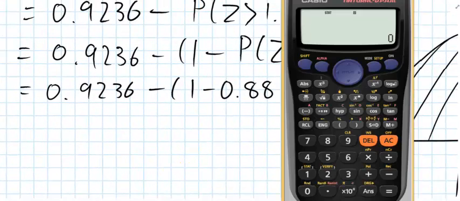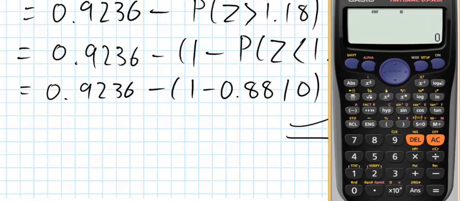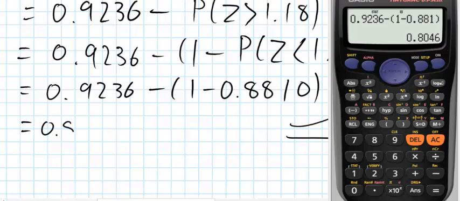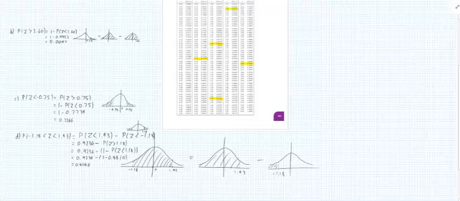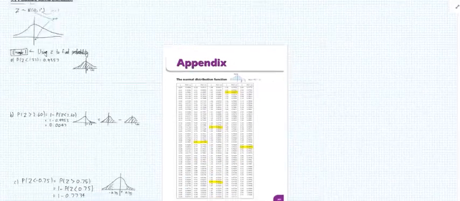If we use the calculator, then the answer is 0.9236 minus, in brackets, 1 take away 0.881, close bracket, and the answer is 0.8046. And that ends this part of the video. Thank you.